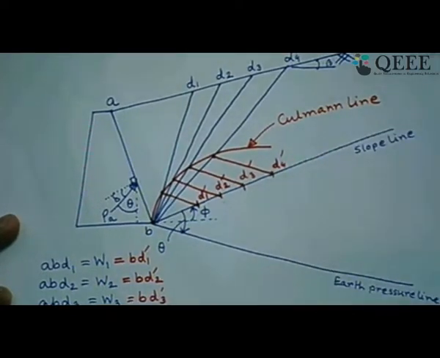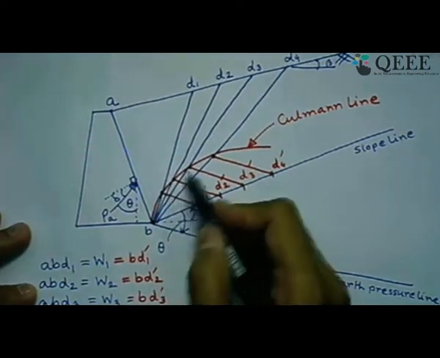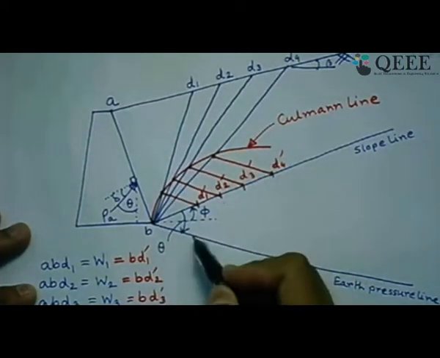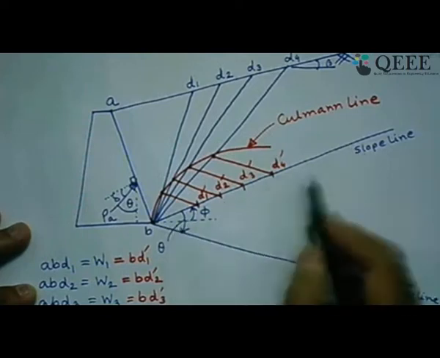And how is this Culmann line helpful for us? How will we get the design value of active earth pressure for this case? We have to find out where we get the maximum value. We have to find a point where it is tangential to this Culmann curve or Culmann line and parallel to this slope line.